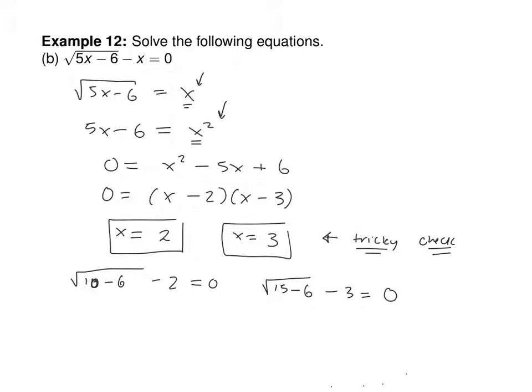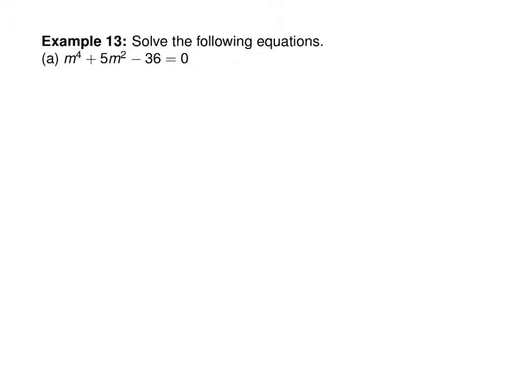What do we got next? Oh my goodness, more equations. All right, crazy factoring. m to the 4th plus 5m squared minus 36. How is this similar to a regular factoring thing? You can do a substitution, so like you could let, say, u equal m squared.